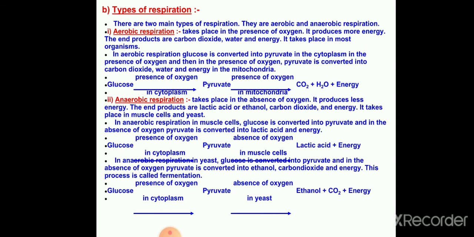In aerobic respiration, glucose is converted into pyruvate in the cytoplasm. Then, in the presence of oxygen, this pyruvate is converted into carbon dioxide, water and energy in the mitochondria. It is given in equation form, showing how we get carbon dioxide and energy with the water.